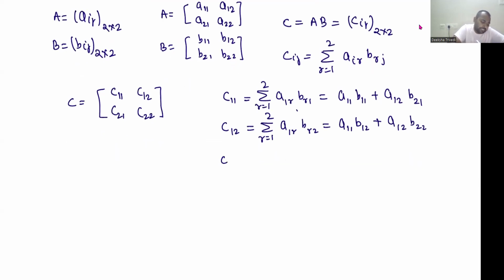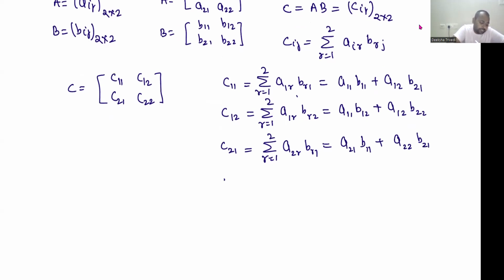Again, if we define C21, that is nothing but sigma k equal to 1 to 2, A2k, Bk1. Now here if we substitute k equal to 1, so A21, B11 plus A22, B21.